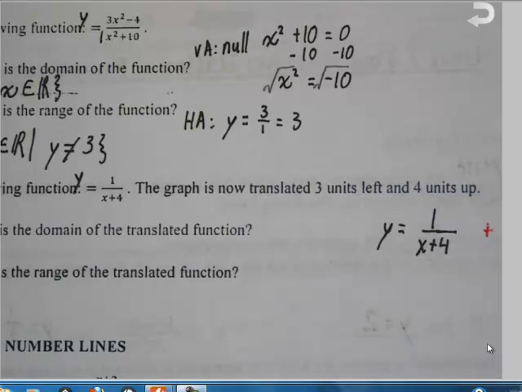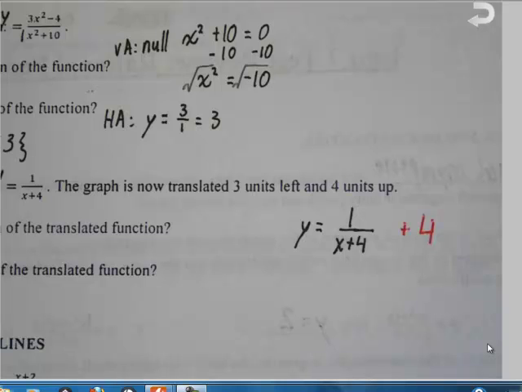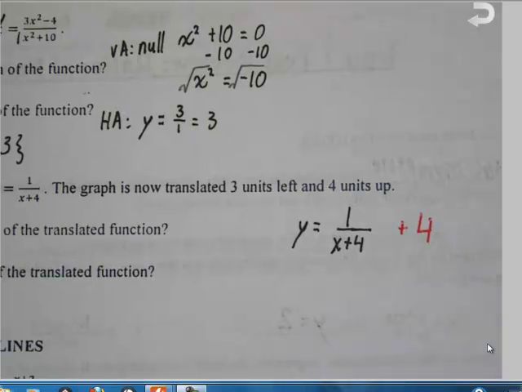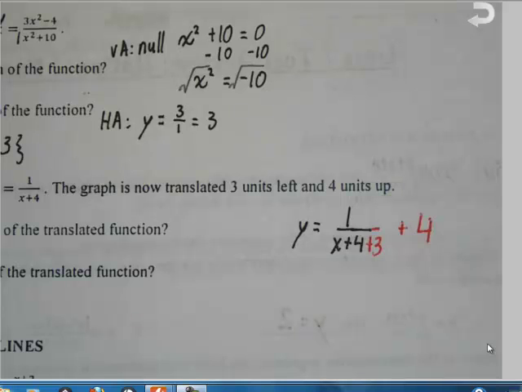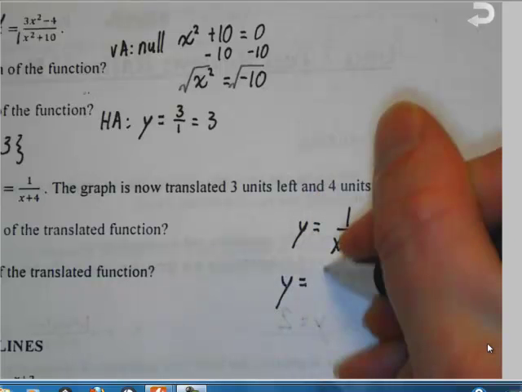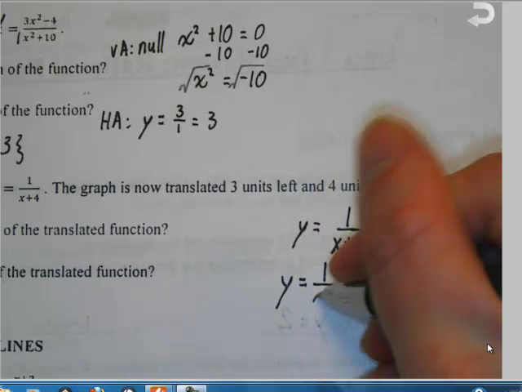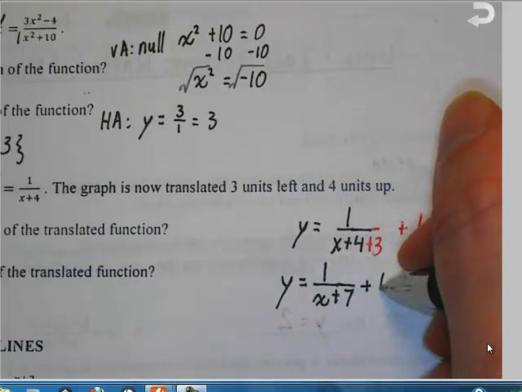Now the thing about translating to the left is that we remember that insiders lie. So you would think it would be minus 3, but actually it's plus 3 because insiders lie. And now you combine your like terms, and that gives you the function y equals 1 over x plus 7, plus the constant 4.